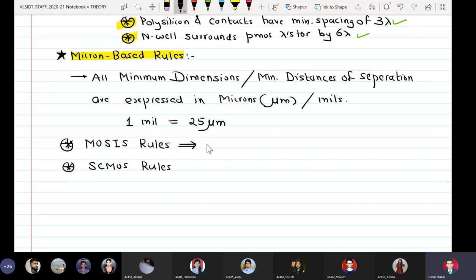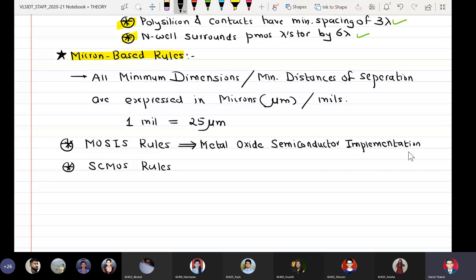At least I can write what MOSIS stands for: metal oxide semiconductor implementation service.